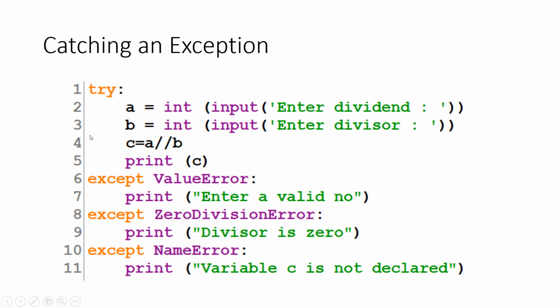Since we are trying inside this, for as many statements as we try, there are possible exceptions. In order to handle it, we can have a name error class. The name error class will handle such kind of exception, and it may print on the screen as a remark that variable C is not declared. That is the case when C is not declared previously.